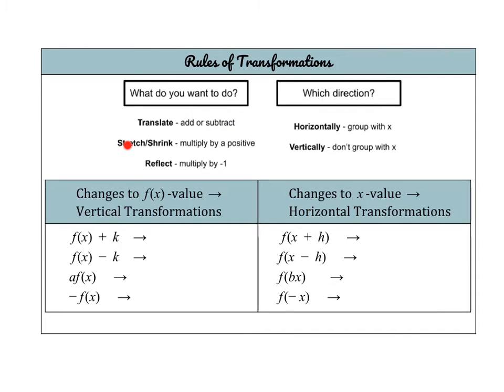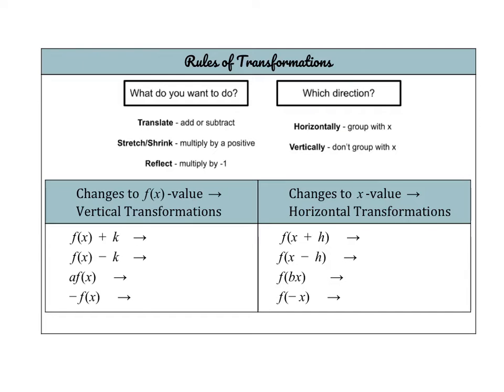If you want to stretch or shrink your function, we're going to multiply part of our function by a positive number. And last, if you want to reflect your function in some way, we're going to be multiplying part of our function by -1.